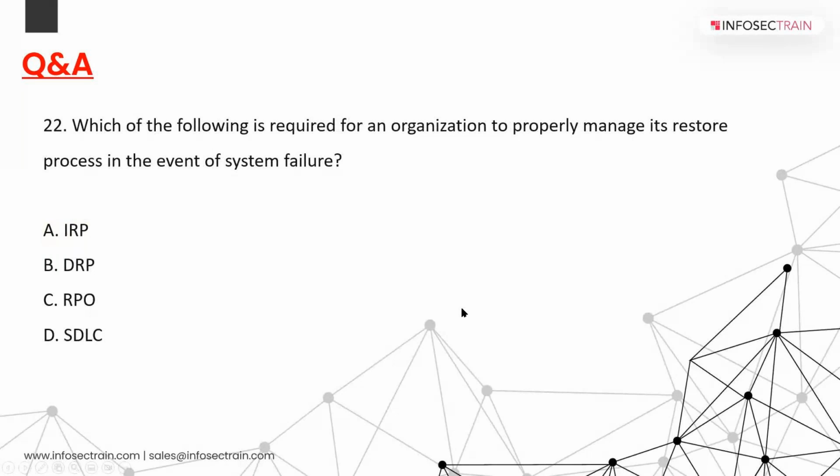Okay guys, so this is the next question. Please go through it. Which of the following is required for an organization to properly manage its restore process in the event of a system failure? Guys, any idea what the IRP is all about?